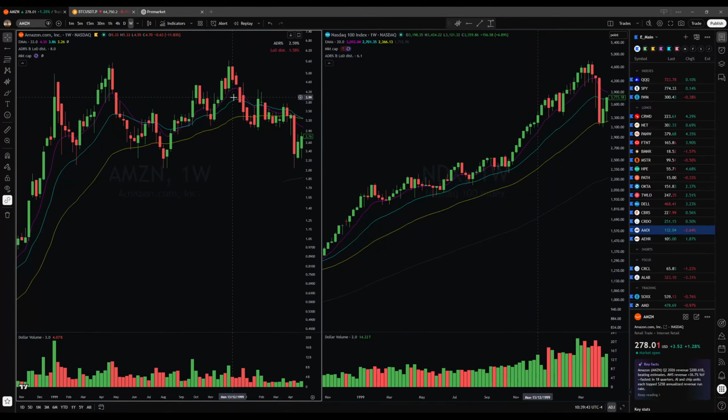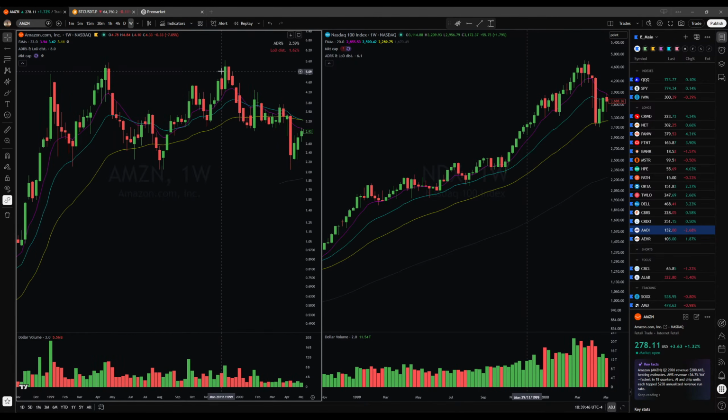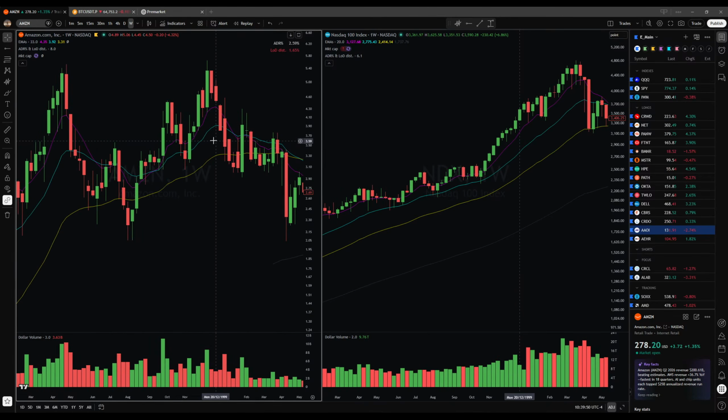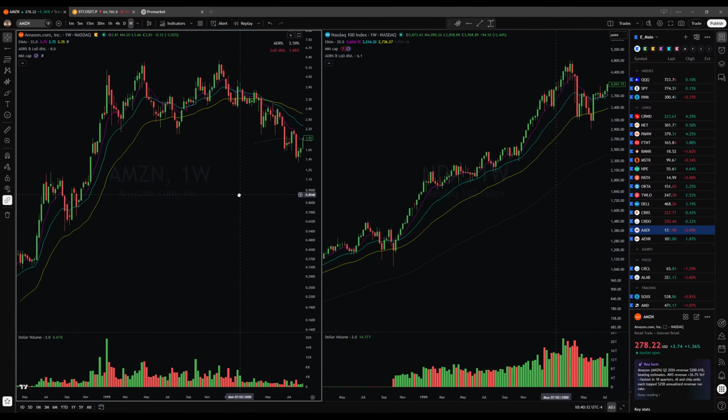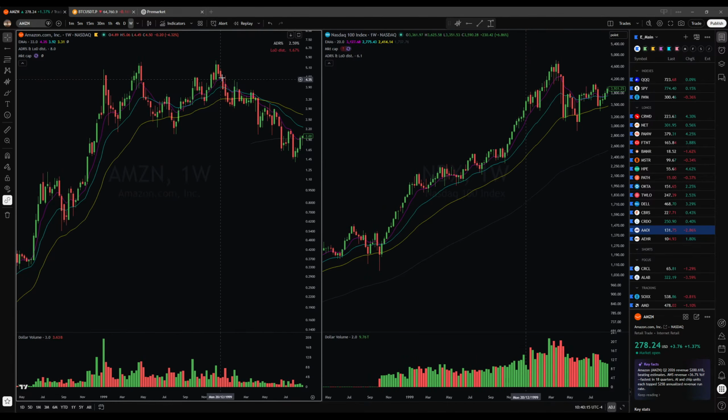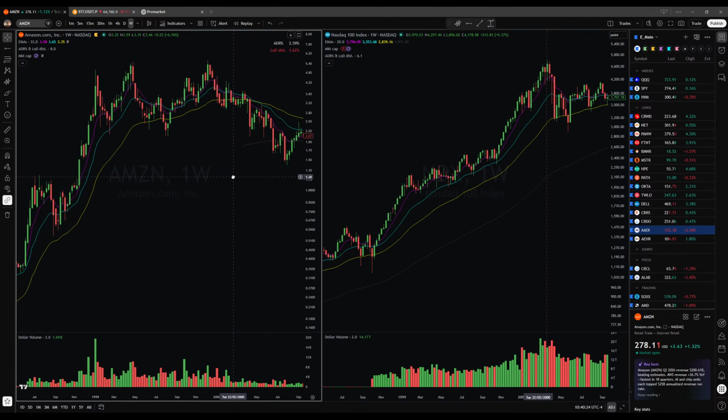Yeah, I think when Amazon starts to show weakness, or even breaks down from this breakout candle low, and definitely breaks down from both the 9 and 21, I would consider this type of breakdown a warning sign. And the more stocks showing weakness, especially the leaders doing this type of action, that will be pretty bad.